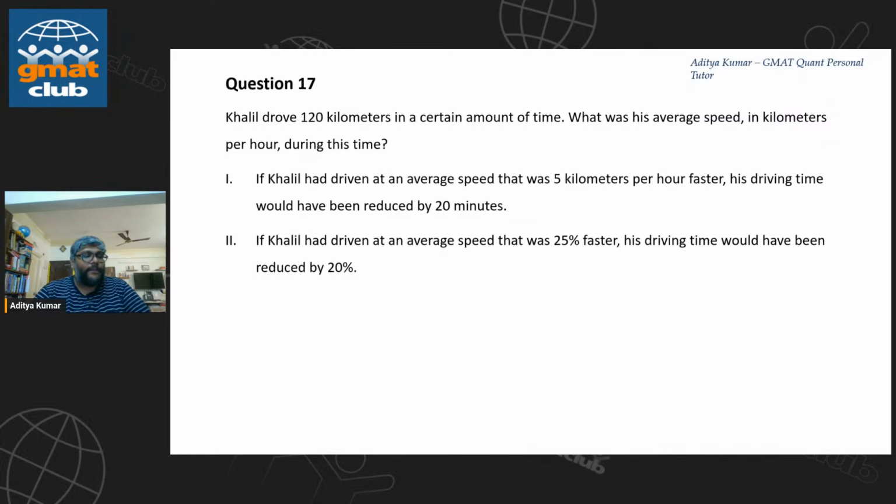When you're working with the statements, work towards what the question is asking you to solve. Okay, you can start typing your answers in the chat window.